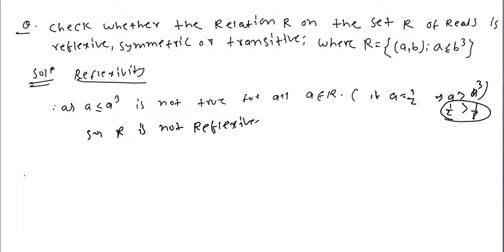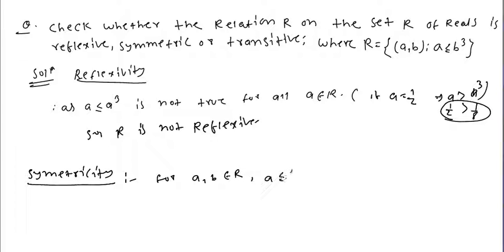Now check the condition for symmetry. For (a, b) belonging to the relation, a less than or equal to b cubed need not imply b less than or equal to a cubed.